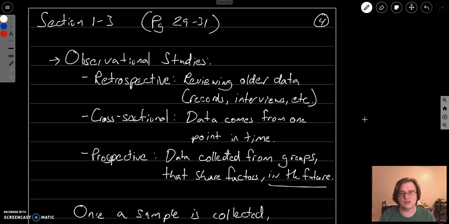I might set up a study now to study the smokers in the future, or the non-smokers in the future, and I don't have that data now, but at the end of the study, say in 10 years, I can collect that data. So the perspective here is that this is coming from the future, but it's more like we just start a study, and then in the future we'll collect that data.